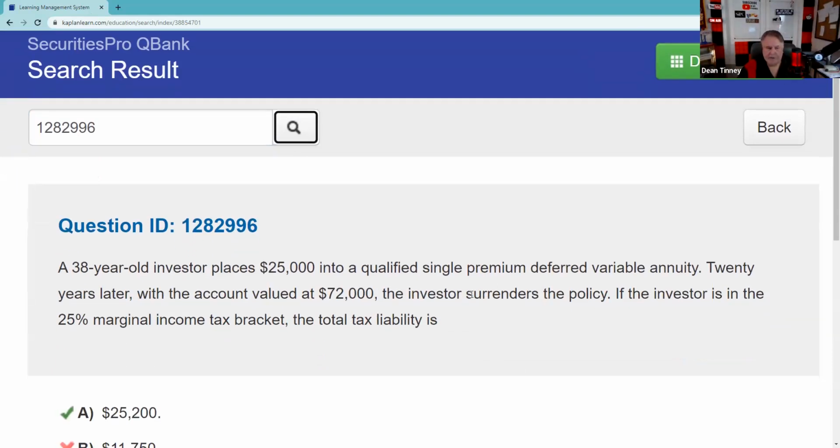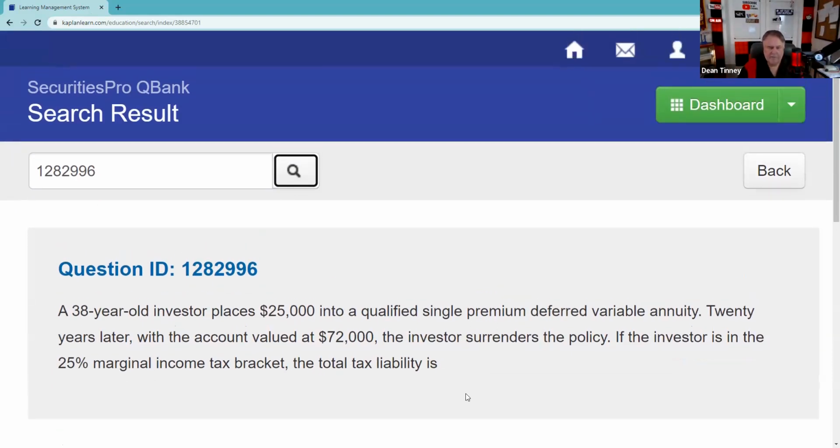Okay, so here a 38-year-old investor places 25,000 into a qualified plan. Somebody brought this up in the live stream, and this is so important, because remember what the word qualified means? Qualified typically means institutional. Well, yeah, but it also means you're using pre-tax money.